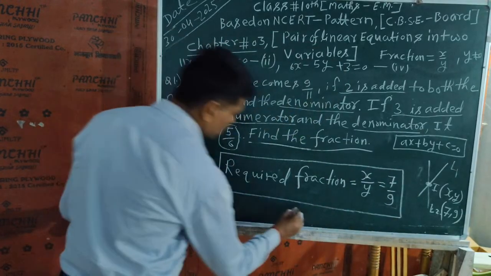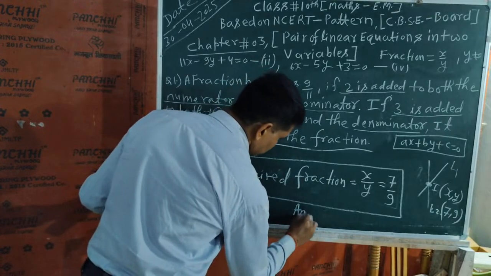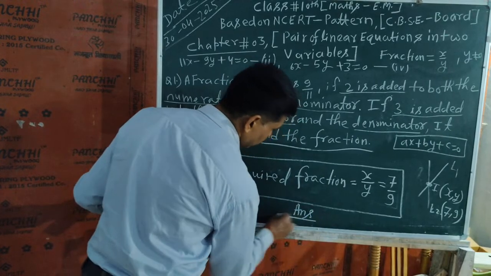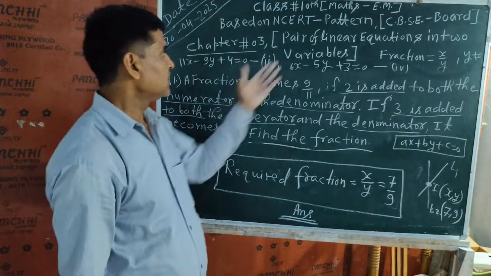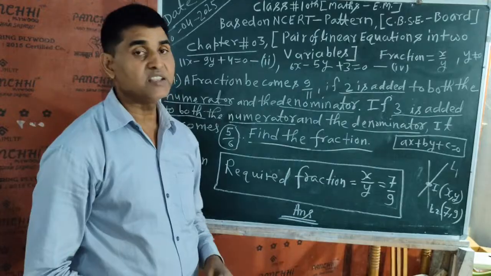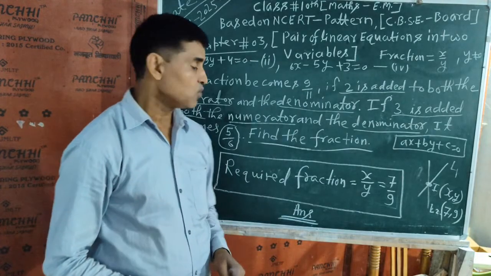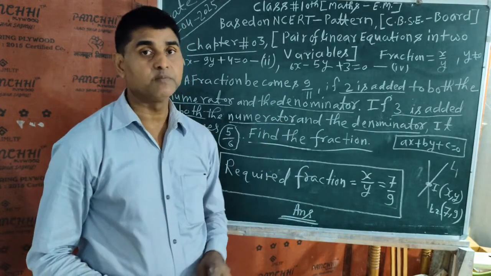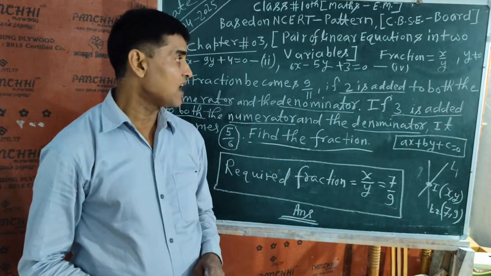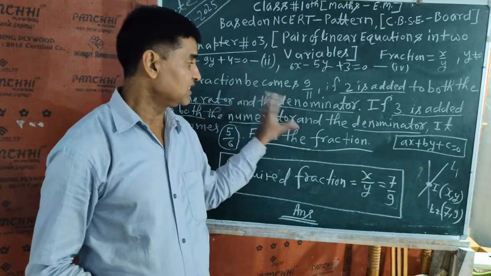Okay, student. So according to this way, the solution of any question can be done, and that question is based on pair of linear equations in two variables, because here the question is given in sentences, and you have to read these sentences.